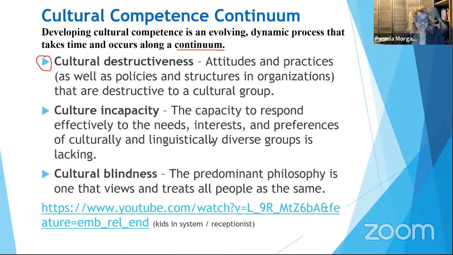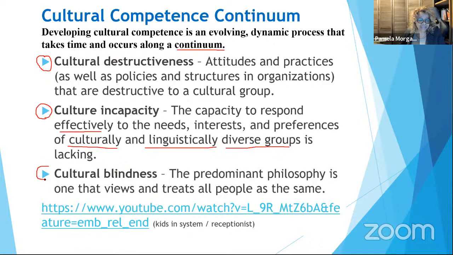That's a good place to be for a young organization, or even a therapist who is just realizing that there needs to be a greater level of competence culturally, to be aware that they don't have the capacity to respond effectively to the needs, interests, and preferences of culturally and linguistically diverse groups.